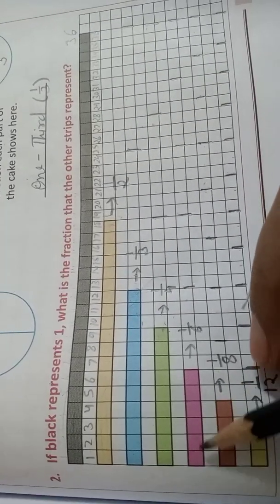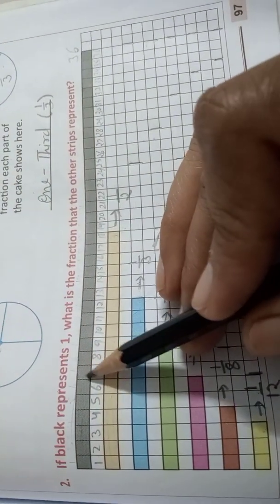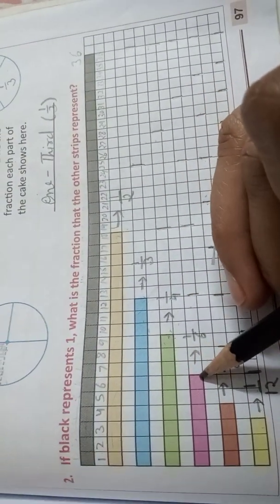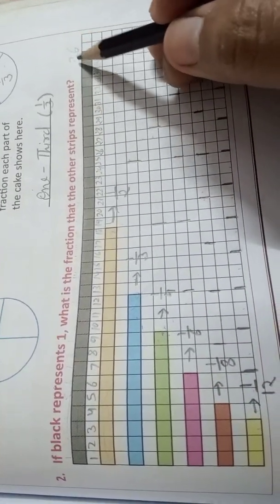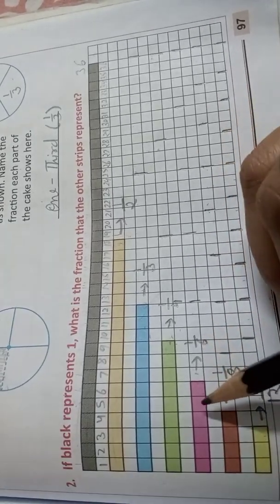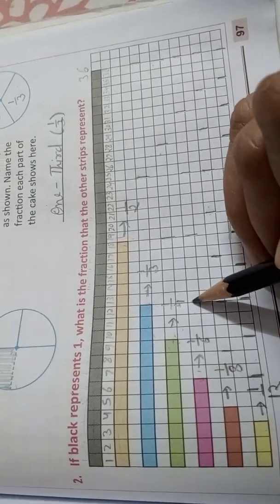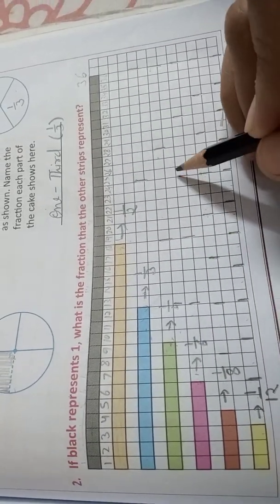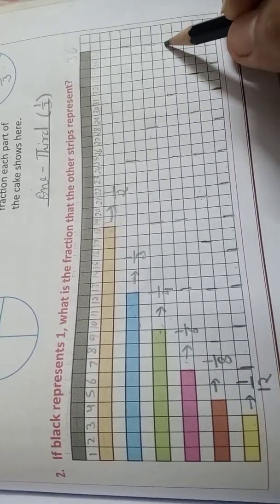Now come on this pink color strip. It is coming on number 6. See here, it is coming on till 6, means total 6 blocks. So if you will divide 36 by 6, you will get 6. 6 6s are 36. It means we can divide this strip into 6 equal parts here. 1 time, 2 time, 3 times 6, 4 times 6, 5 times 6 and 6 times 6.